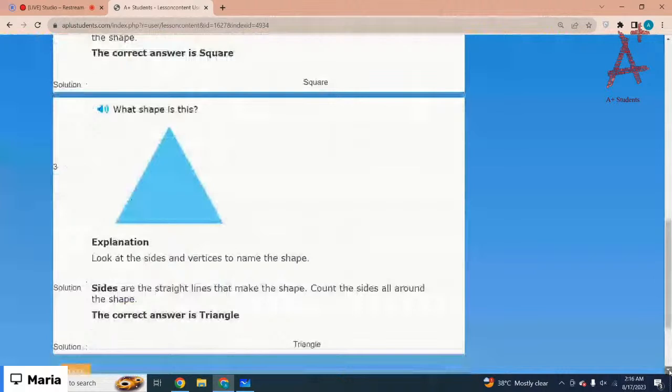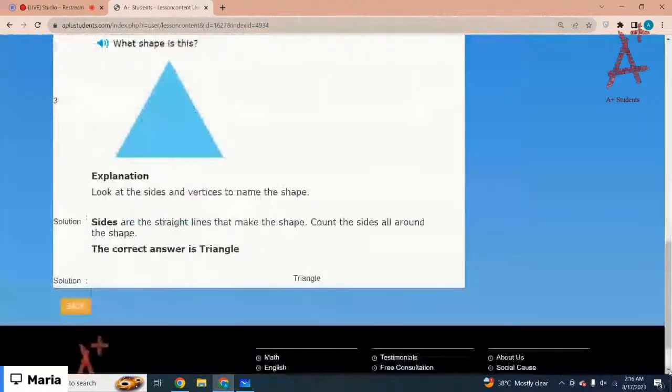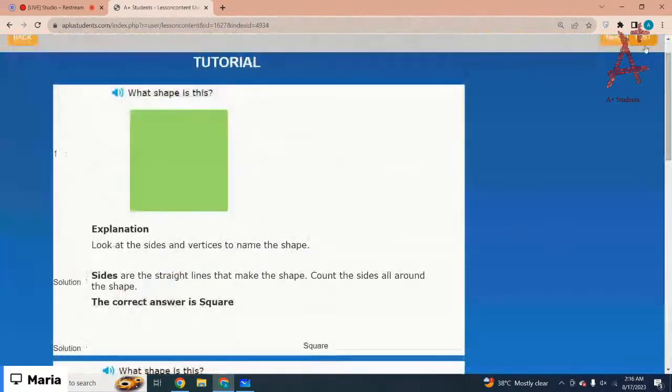Whenever you have a shape with three sides, this is known as a triangle, right? Let's just start with the practice questions.